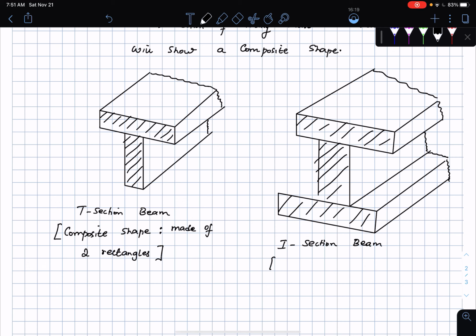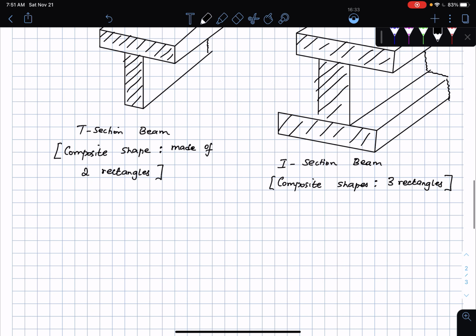This is made up of 3 rectangles. Typically, I section beams you will see in railway tracks.